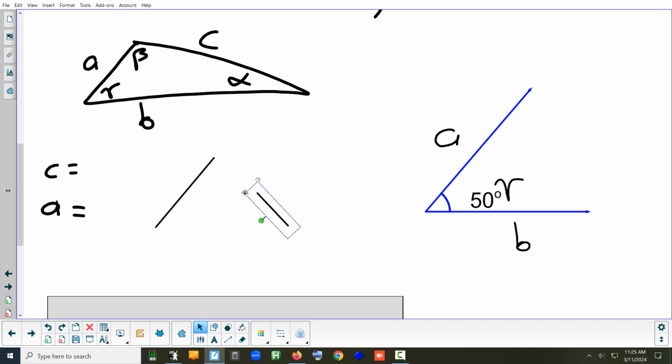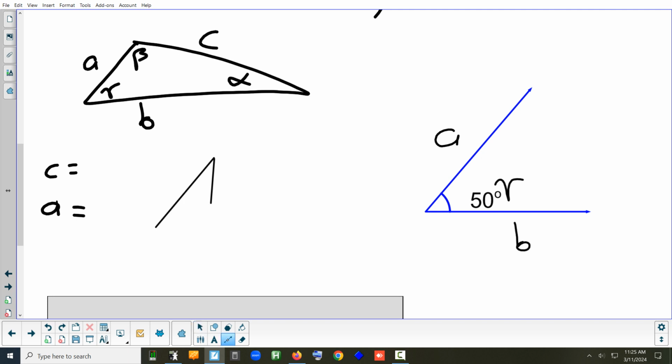You can turn this however you want. They didn't tell you what this angle up here had to be. But what you cannot do is change the length of this one, or the length of this one, and you can't rotate the one that's at a 50. So the only thing I can do right now is rotate that side however I want.